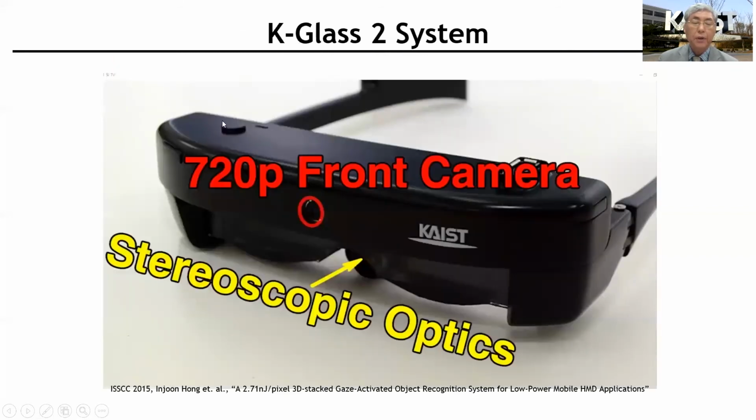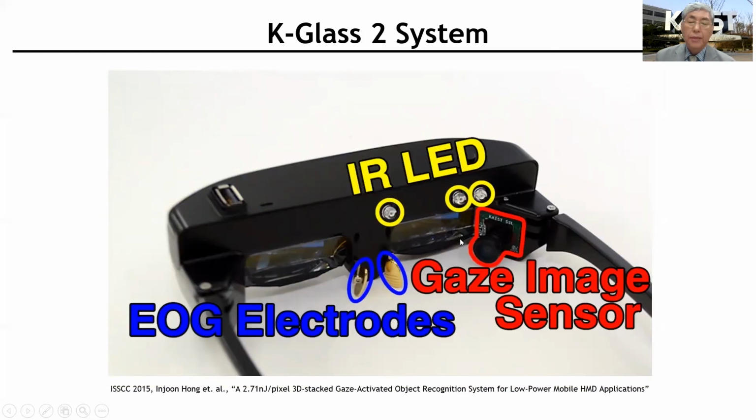And this is the picture of our eyeglasses. These two glasses show you the stereo, and this is the gaze image sensor to detect your gaze location and gaze direction.